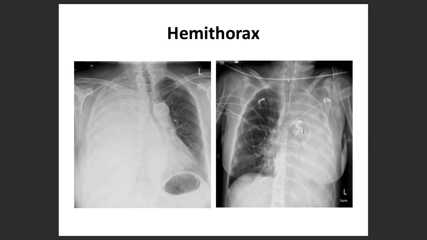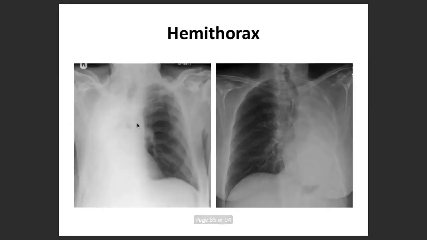So there are three different things which you can see. The mediastinum can be pushed away from the opacification. This is the opacification, right? Second, it can be pulled towards the opacification.